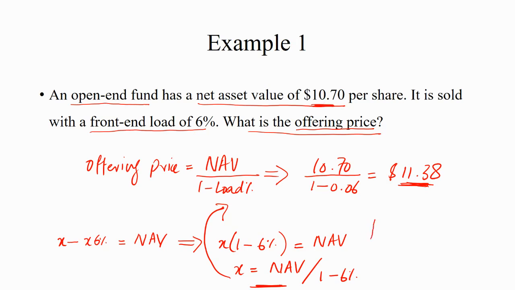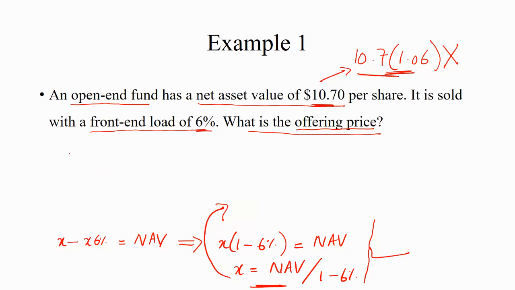So never charge the load directly on the net asset value. What I mean is that it will be wrong to say that you can just increase the net asset value by 6%. This method is wrong, and to see why, it fails this logic. So let me clarify this point also. For a moment, let's assume that we follow this method.